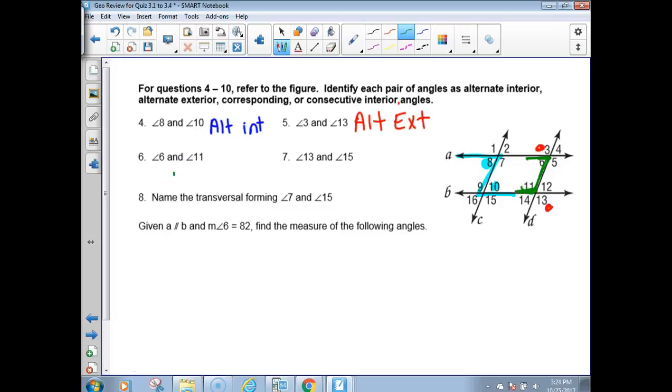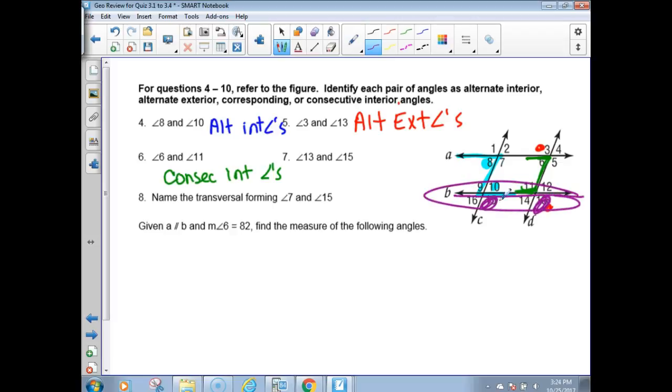They're called consecutive interior angles. I could have written angles on these. And then finally 13 and 15. That's going this way and this way. Down here, same side of the transversal, they are corresponding. They're in the same position.